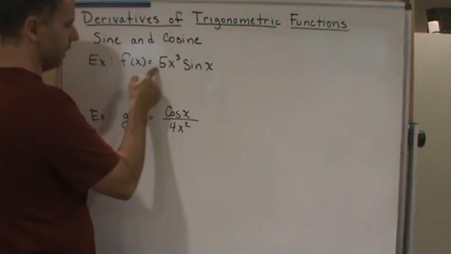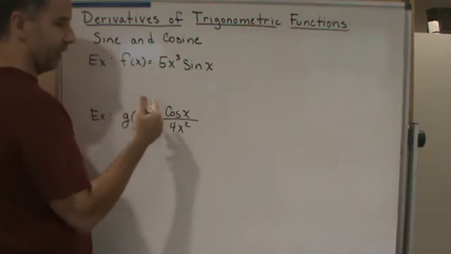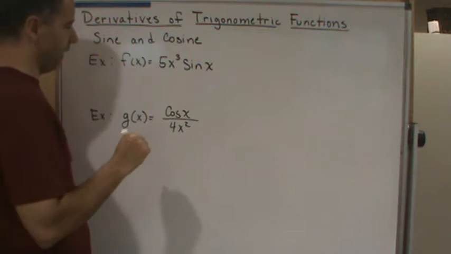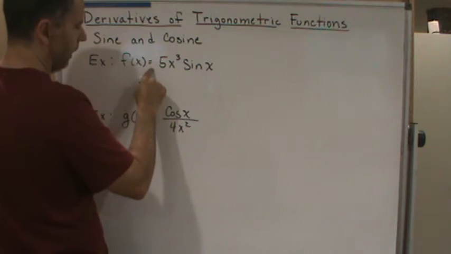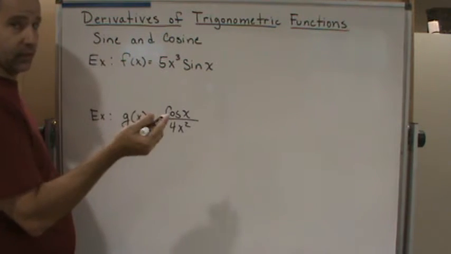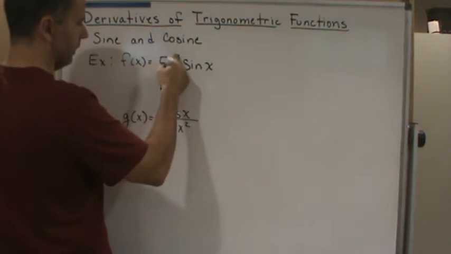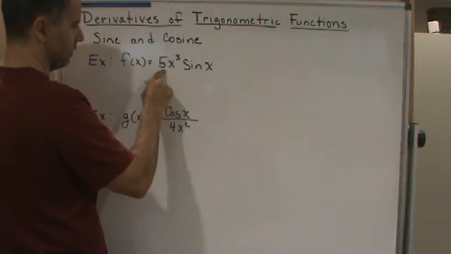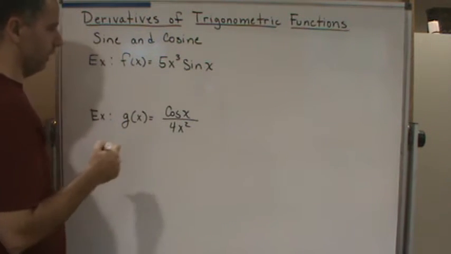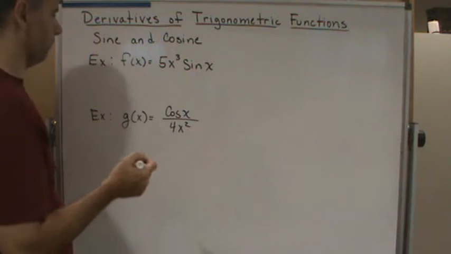The 5, again, there are different ways of handling this, but you can pull the 5 out because the 5 is a constant, it's just a coefficient, it's going to just stay there, okay? Or you can make it part of this factor here. It doesn't matter, okay?